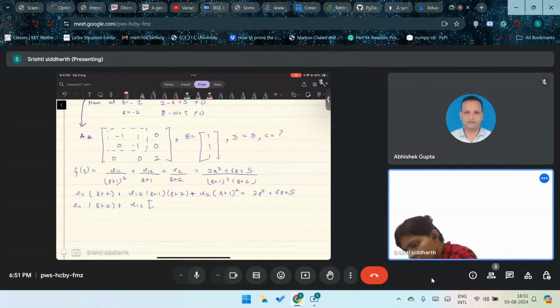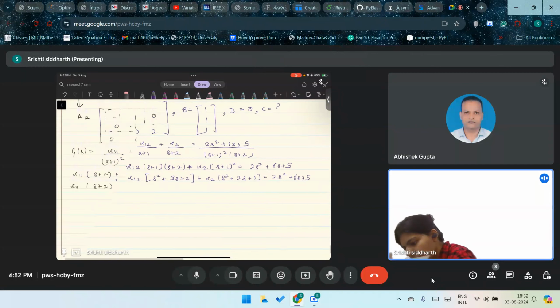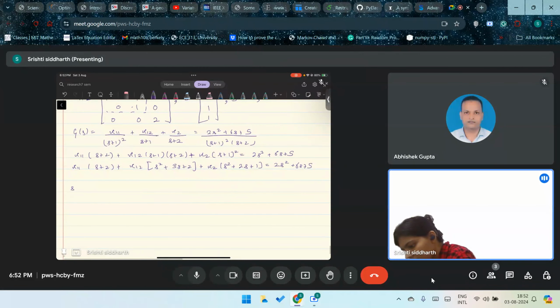Now we have again S squared plus 3S plus 2. Now let's combine the terms. So for S squared, we have C12 plus C2 again. For S, we have C11 plus 3C12 plus 2C2, plus 2C11 plus 2C12 plus C2.